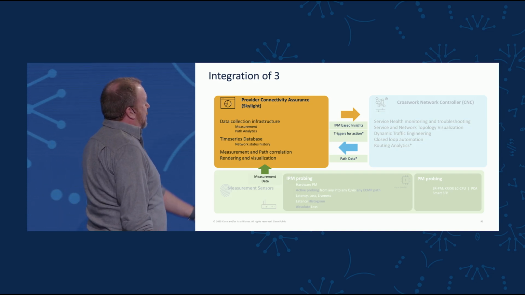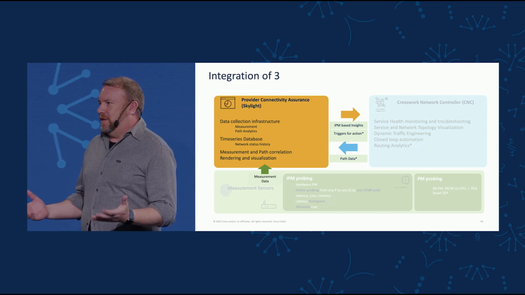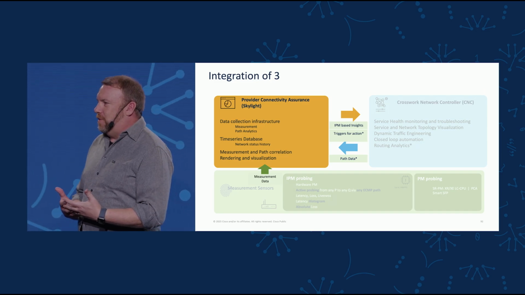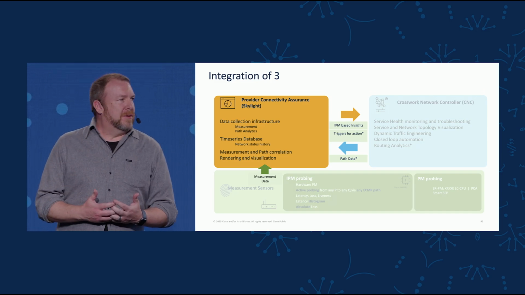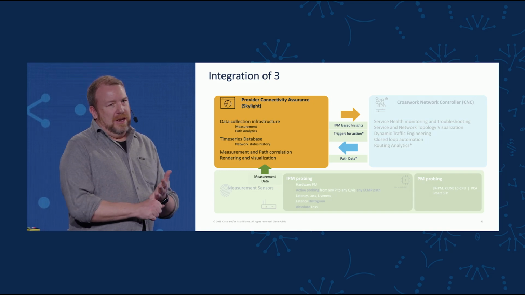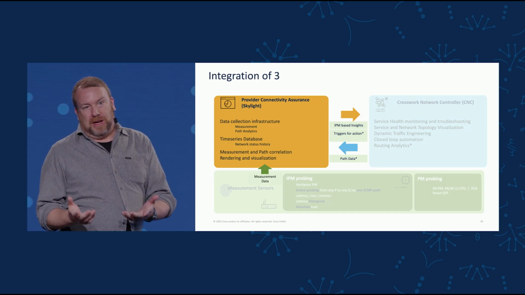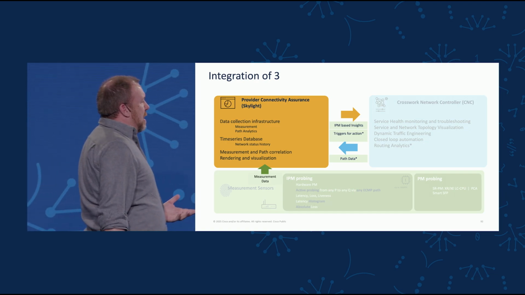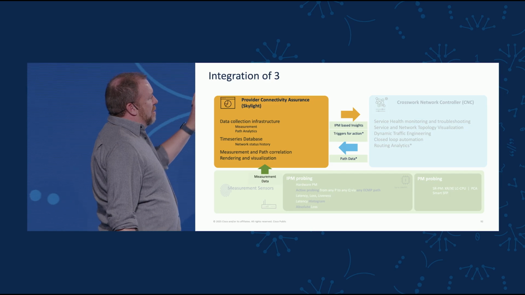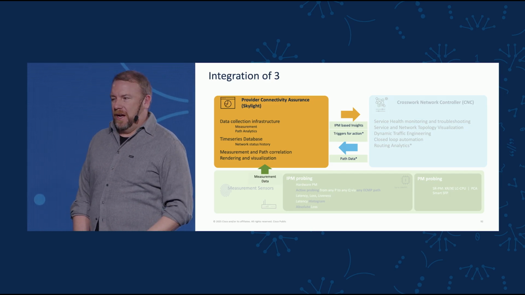I'm responsible for the orange part on the top left, right? So our role in this combination of three, one solution coming together, is to collect that data, understand it, analyze it, interpret it, allow you to visualize it, right? And then allow you to trigger action on it in CNC, where Deepak will talk about that at the end.